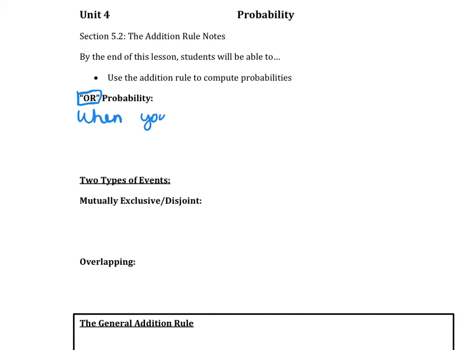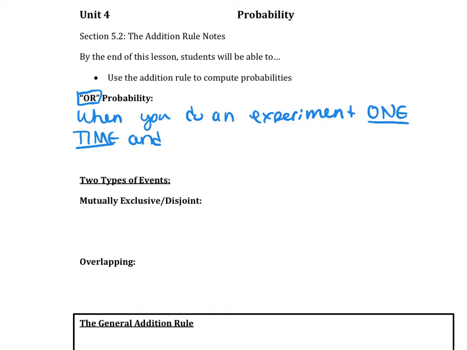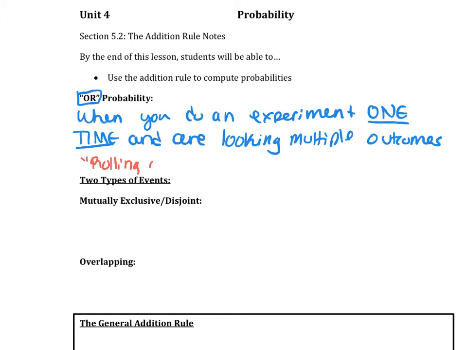So when you do an experiment one time and are looking for multiple outcomes, like rolling a die once, we want the probability of rolling a 2 or a 3.